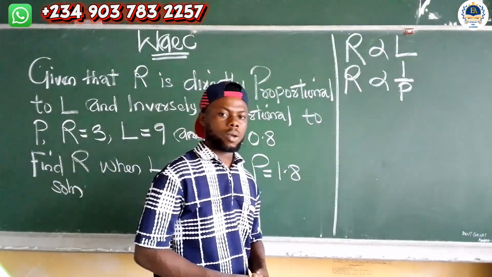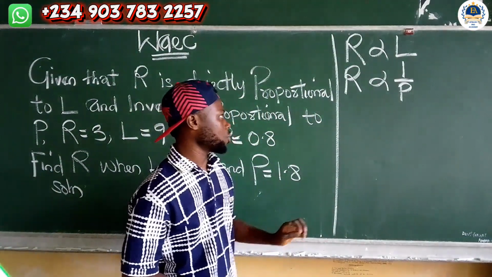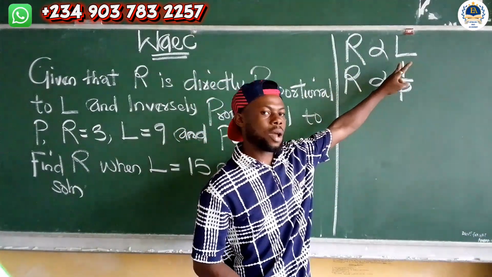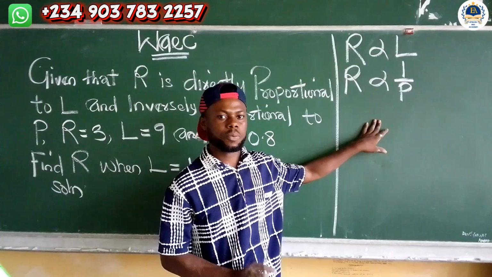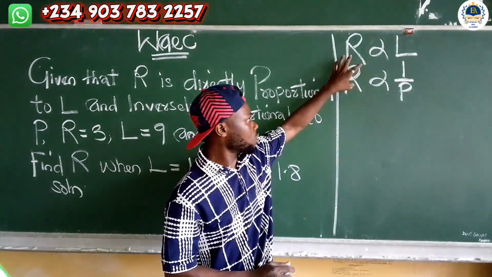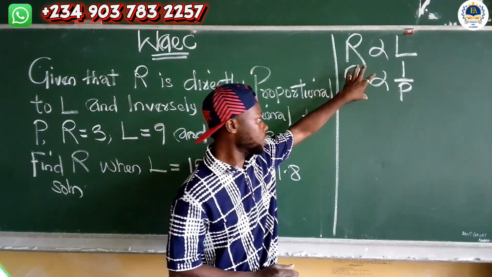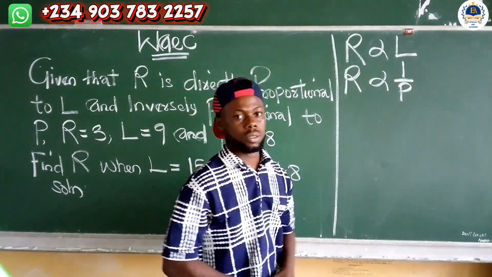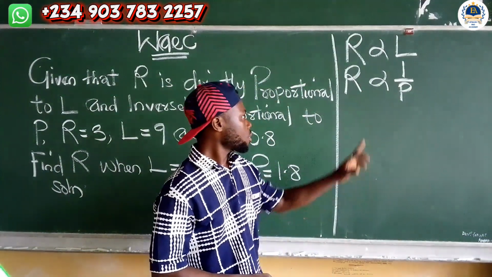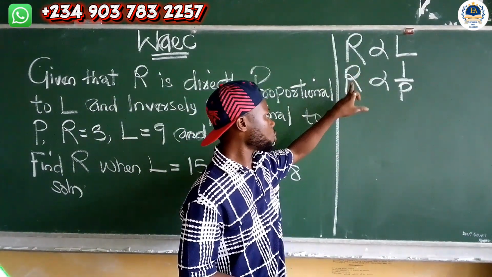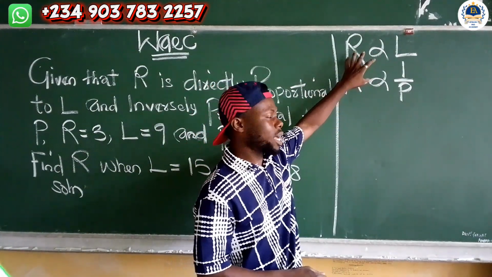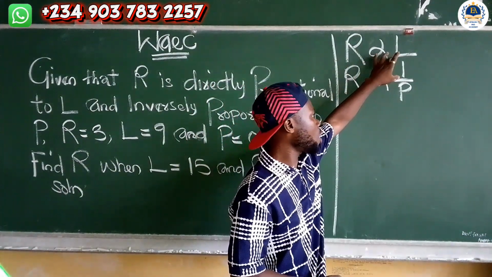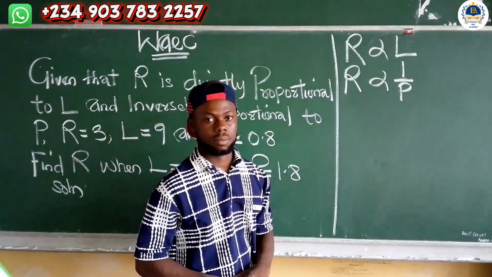At this juncture, we can establish the relationship between R, L, and P. How do we obtain this? It's very simple. From the expression on the board, we have R, we also have R, that is directly and inversely proportional to L and P respectively.